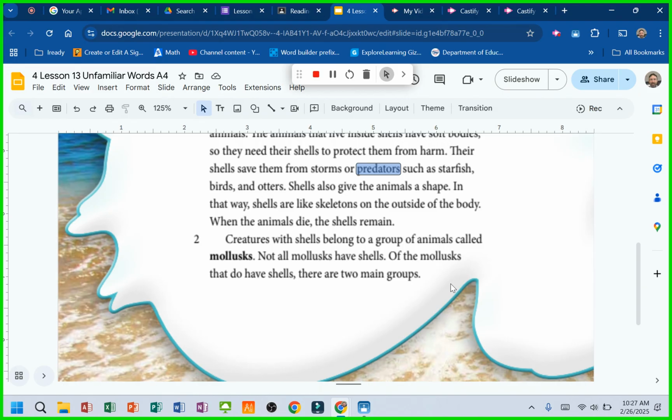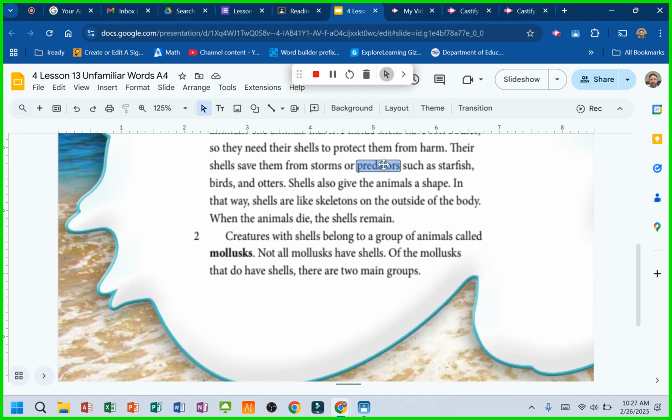Creatures with shells belong to a group of animals called mollusks. Not all mollusks have shells. Of the mollusks that do have shells, there are two main groups. So again, not that I need to do this because it's already bolded, but here's a word that I need to know how to define.